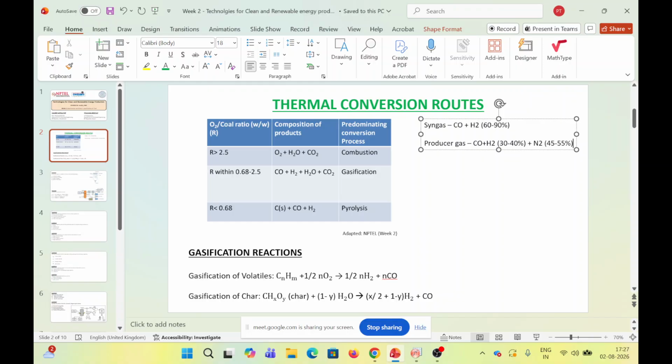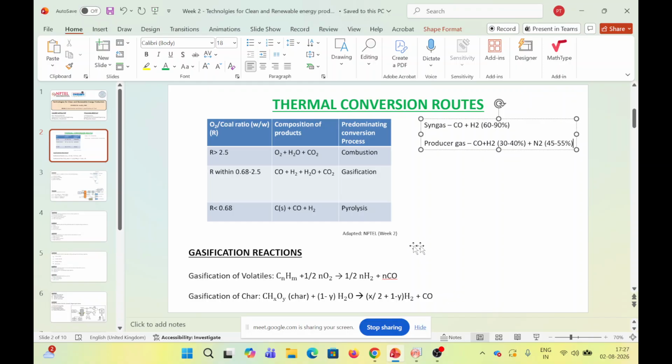syngas. Here, as I said, you can use both oxygen as well as steam. Based on whether oxygen or steam is used, the products are going to vary.